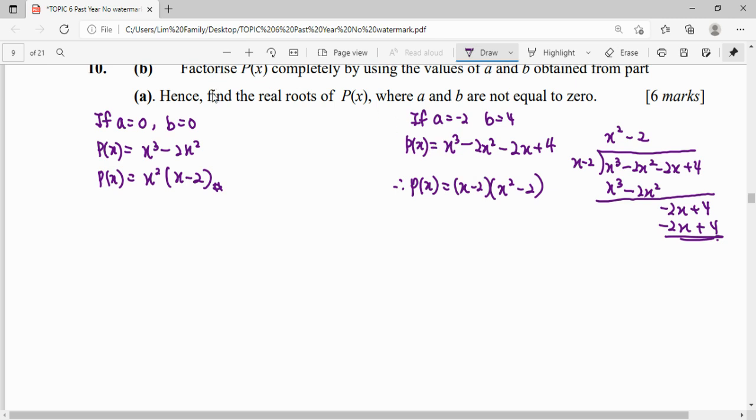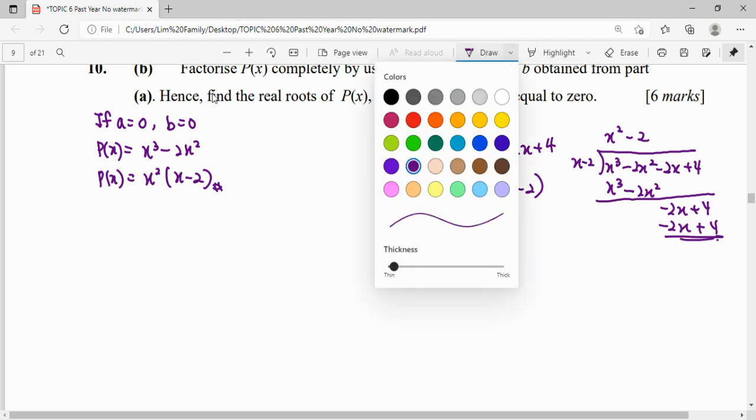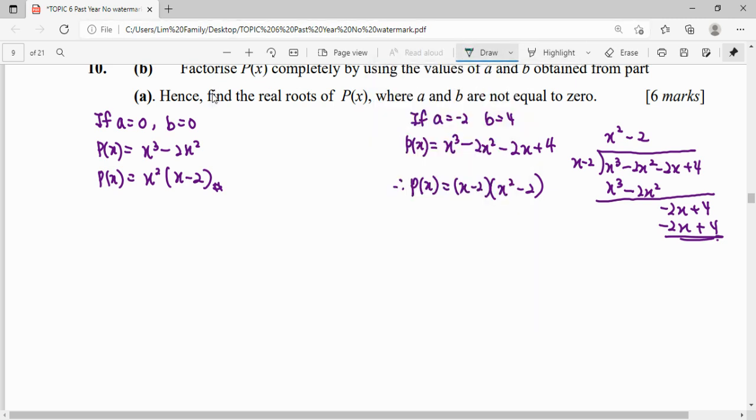Then for the second task, they said hence, I have to find out the roots. For the case where a and b are not equal to 0, I need to proceed with this polynomial and find the roots. We will make the factors equal to 0 in order to find the roots.